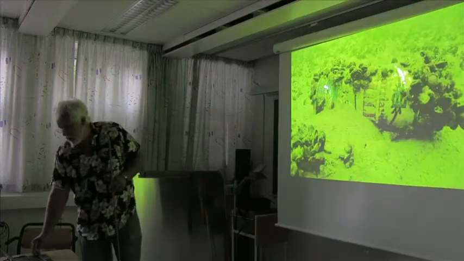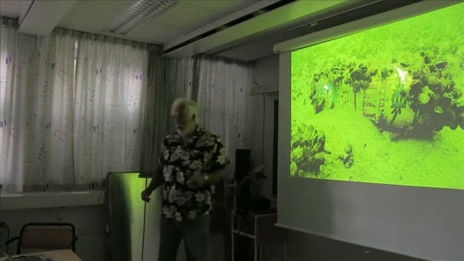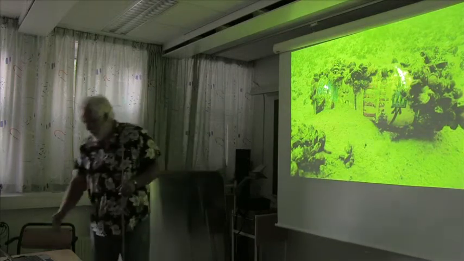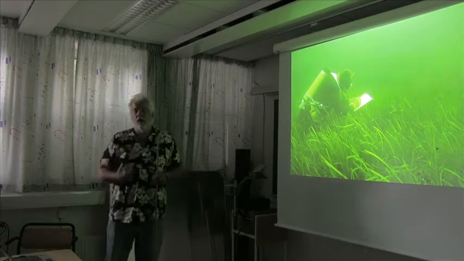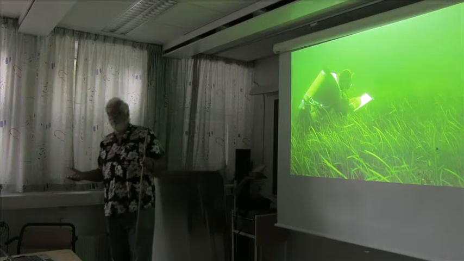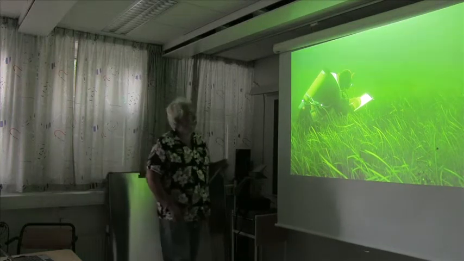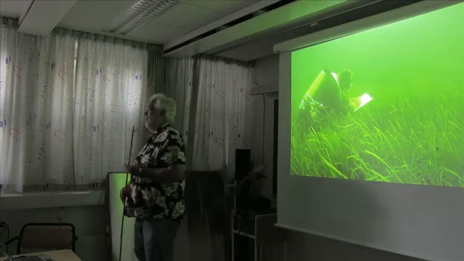Yeah, this is again a picture showing how important the substrate is for the communities. This is how Zostera communities can look in the Baltic Sea. You have the most rich, luxuriant Zostera communities, I think, in the world in the Baltic Sea.